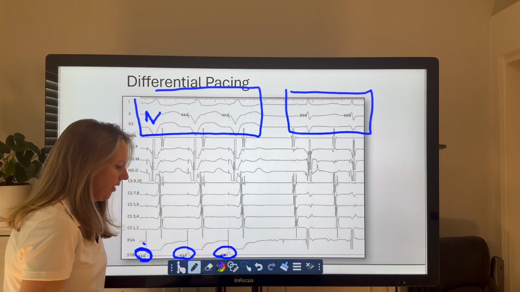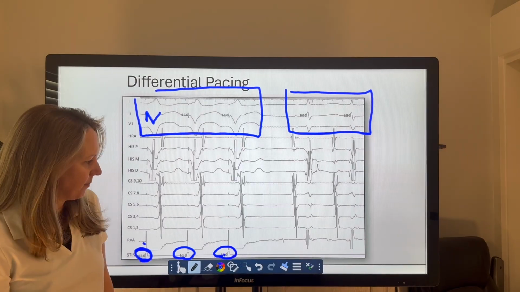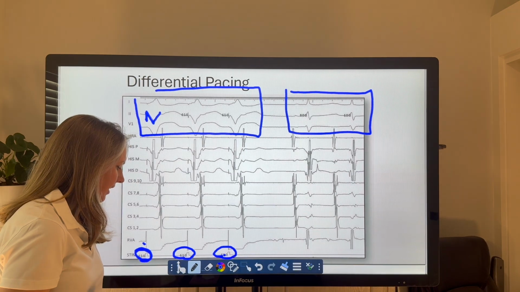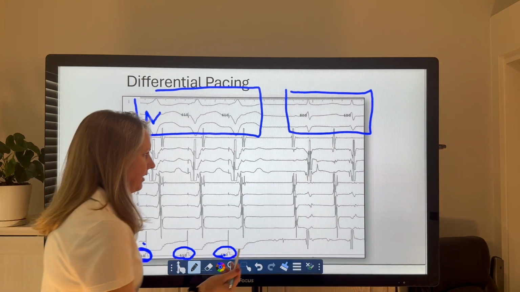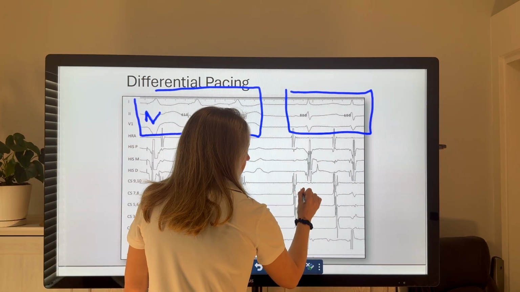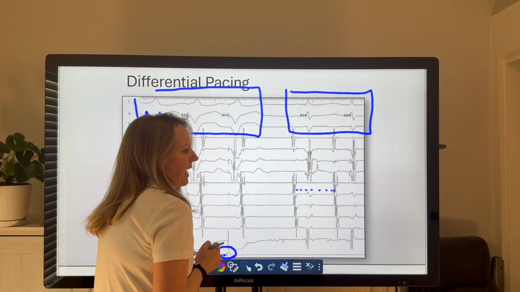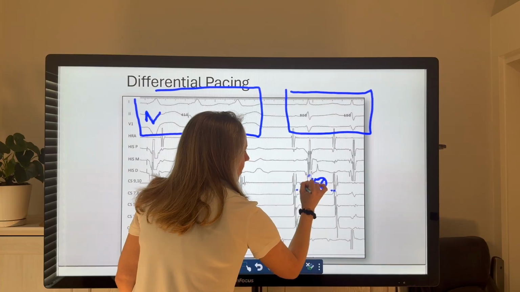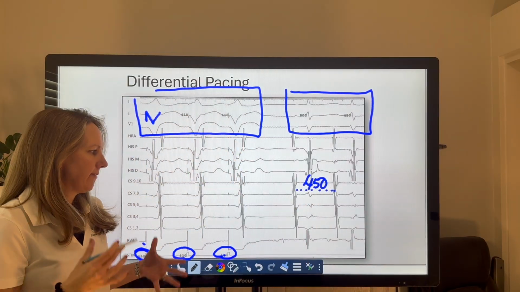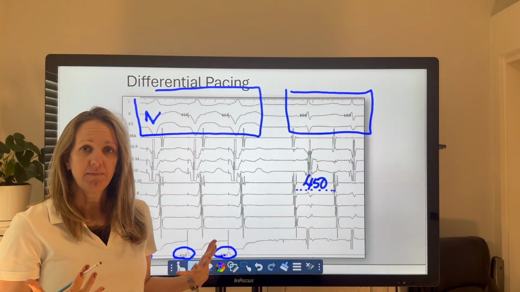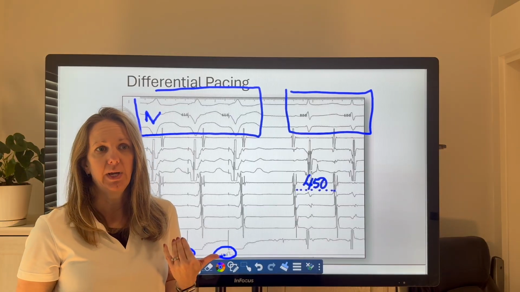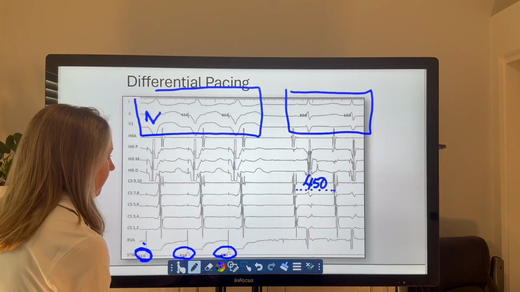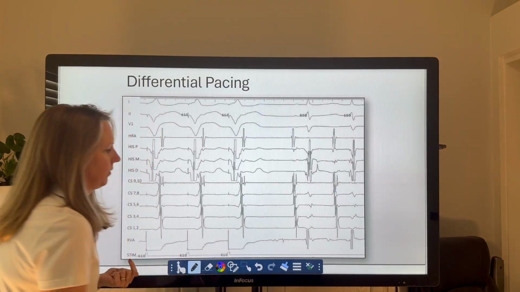Okay, so that is our PCL, which is sometimes how it's labeled for pacing cycle length. So that's 410. I should have said this A to A, that rate is 450. So the maneuver we're doing is ventricular overdrive pacing, sometimes referred to as a type of entrainment or Entrainment maneuver.